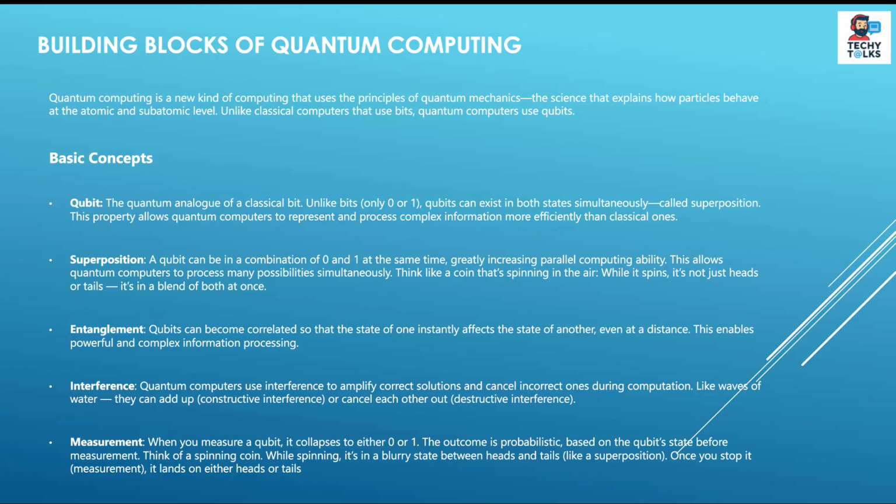It can be heads or tails, like a superposition, with anything possible simultaneously. Once you stop the coin, that is the measurement. When you stop the coin, it comes out of its superposition phase, and whatever is there at the current state is your output, whether a head or a tail. That is termed a measurement.